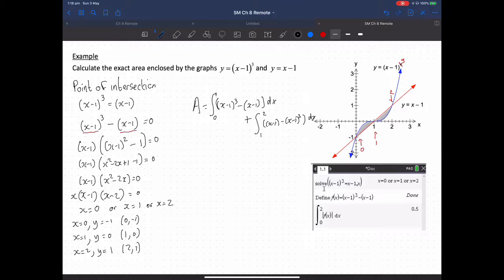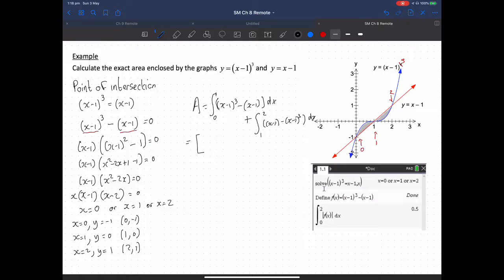From here, we could go ahead and anti-differentiate. There's no need to expand if we don't want to, and I'm not going to. We can use our maths methods rules of anti-differentiation.